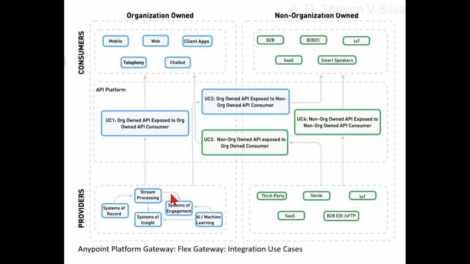Pattern 1A, organization internal API exposed to an organization internal consumer that uses the same VPC or network as the API. Role of the Flex Gateway is ingress. Pattern 1B, organization internal API exposed to an organization internal consumer that uses a different VPC or network from the API. Role of the Flex Gateway is ingress.